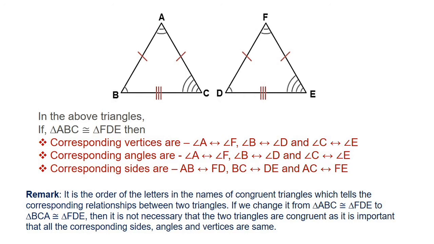If we change it from triangle ABC congruent to triangle FDE to triangle BCA congruent to triangle FDE, then it is not necessary that the two triangles are congruent, as it is important that all the corresponding sides, angles and vertices are the same.